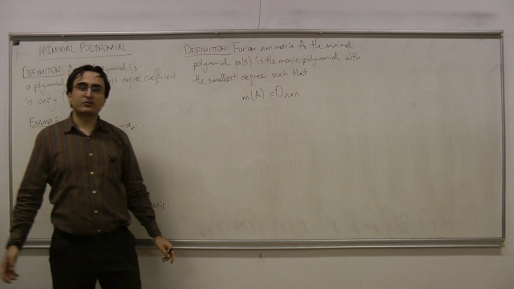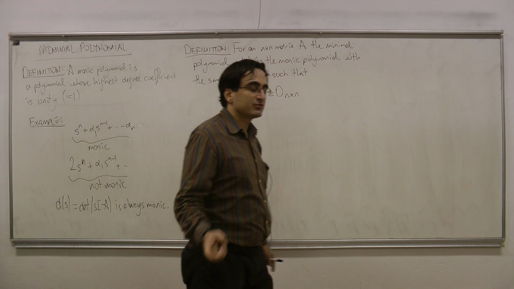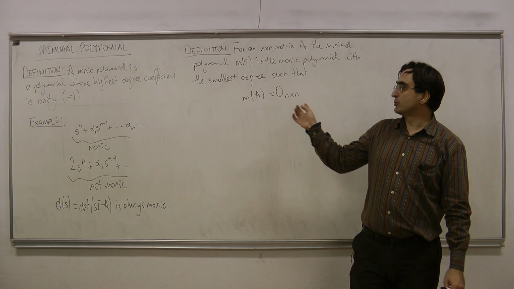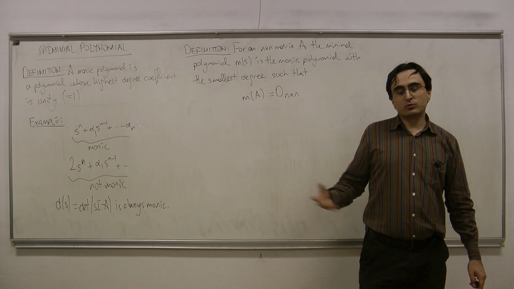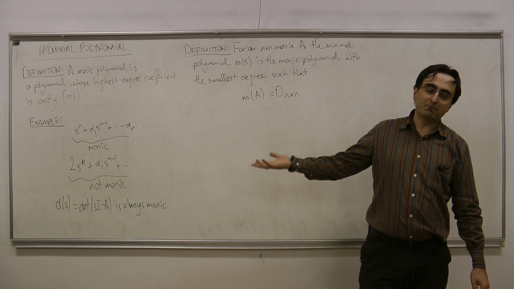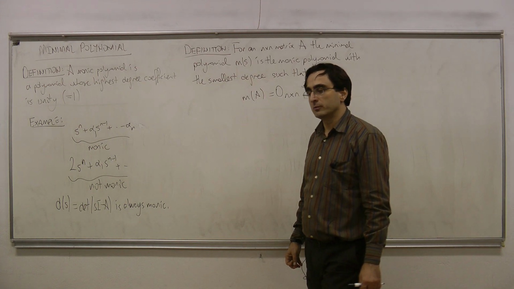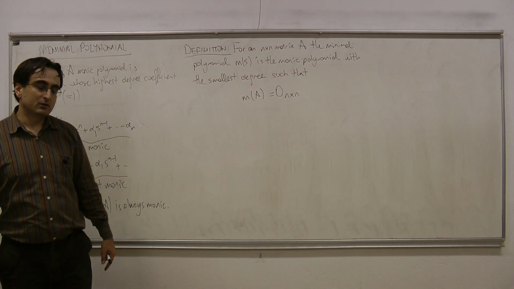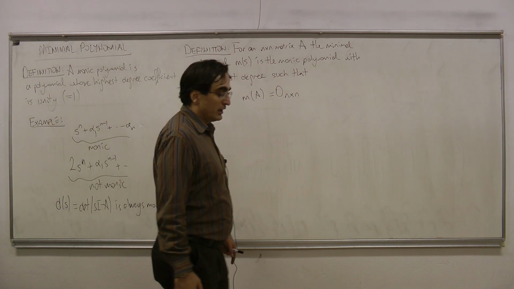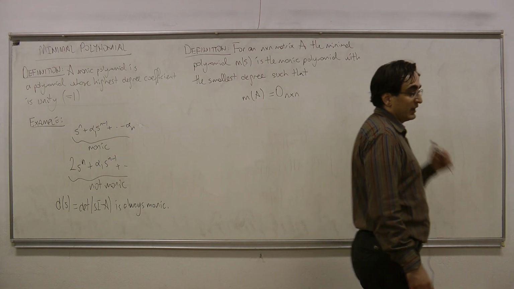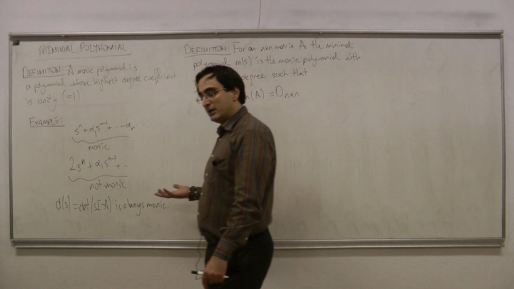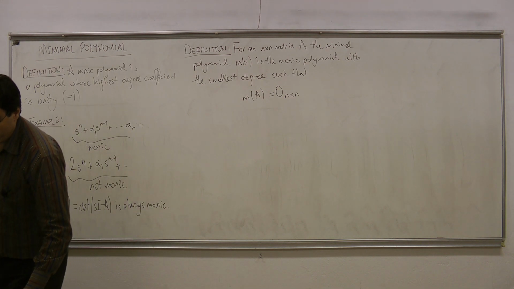Sometimes, for some matrices, we cannot really find a smaller degree polynomial than the characteristic polynomial which would satisfy this equation. In those cases, the minimal polynomial can be equal to the characteristic polynomial. But for some matrices, there are smaller degree polynomials than the characteristic polynomial which will satisfy this equation, and in that case, the minimal polynomial would not be equal to the characteristic polynomial.